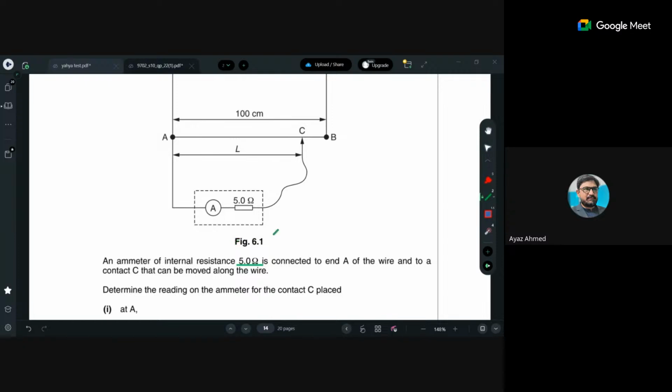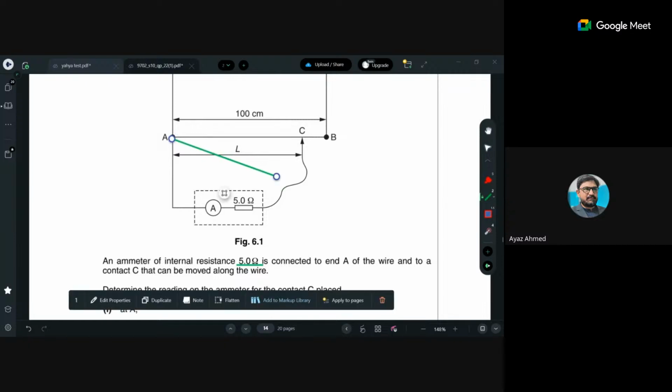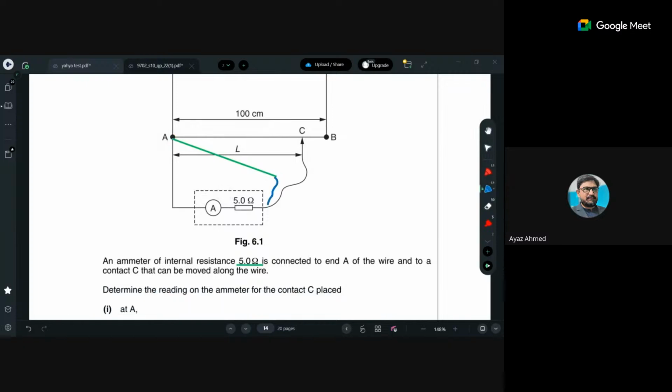For example, your ammeter is at this point A. So what do you think? What should be the value? Is there any voltage across it?